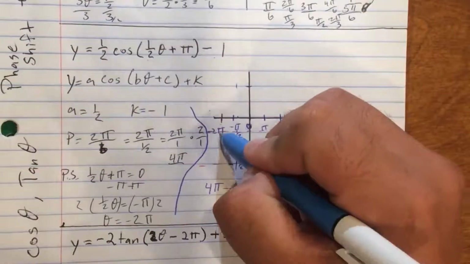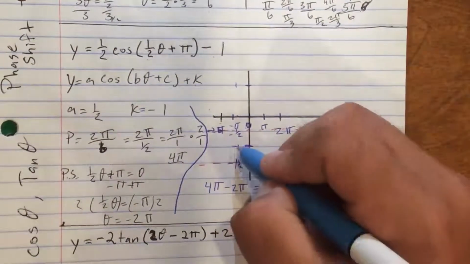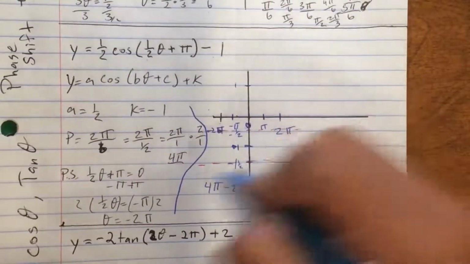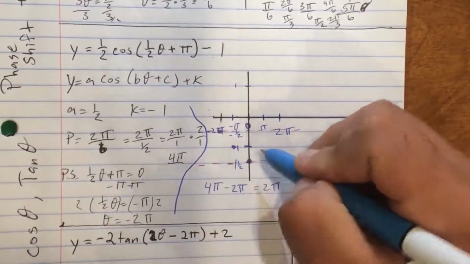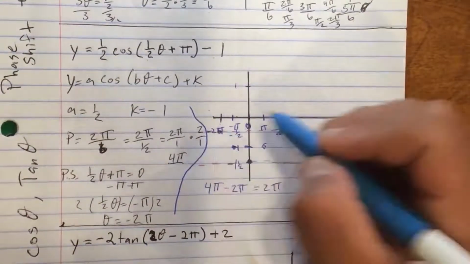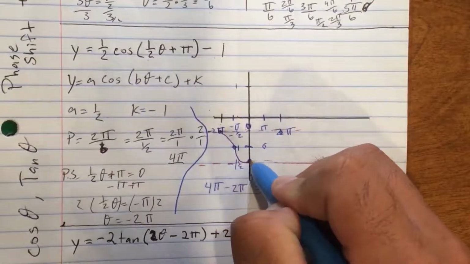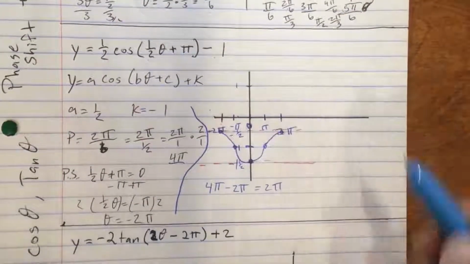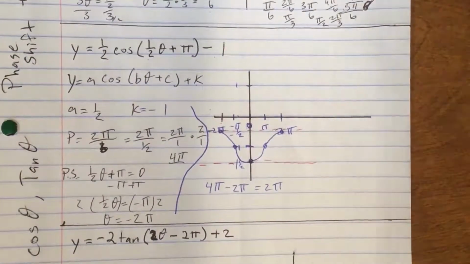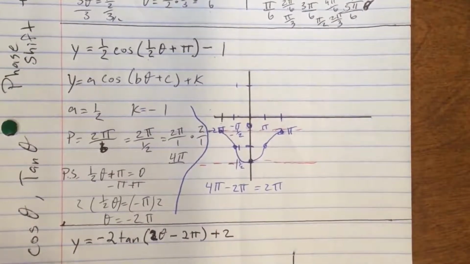It starts up here at the maximum, goes down to here, which would be our neutral, goes to the minimum, back to the neutral, and back to the maximum. And it looks like this. And this would be our cosine graph for y is equal to 1/2 cosine of 1/2 theta plus pi minus 1.